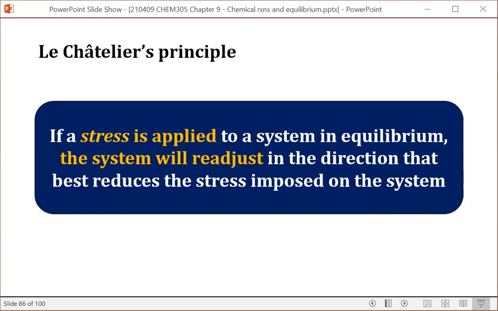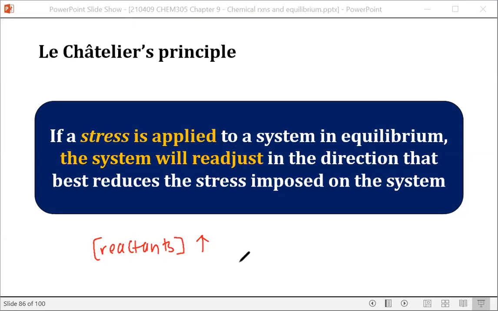So Le Chatelier's principle says that if a stress is applied to a system in equilibrium, the system will readjust in the direction that best reduces the stress imposed on the system. What this means is that if you apply a stress, like increasing the concentration of reactants, then the system is going to try to get rid of this stress.